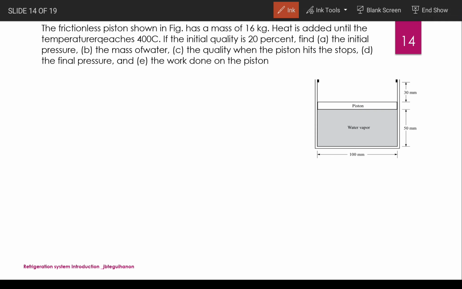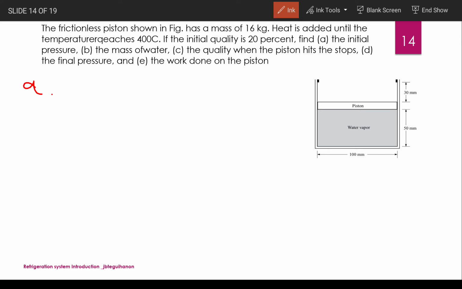For A, a force balance on the piston allows us to calculate the initial pressure. So we need to have a force balance.